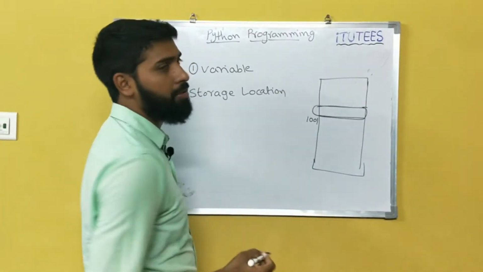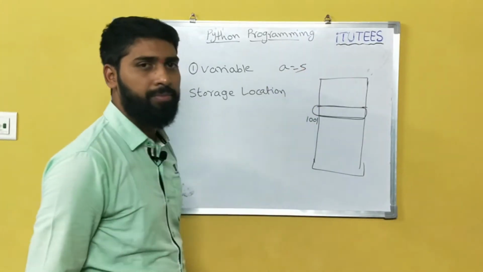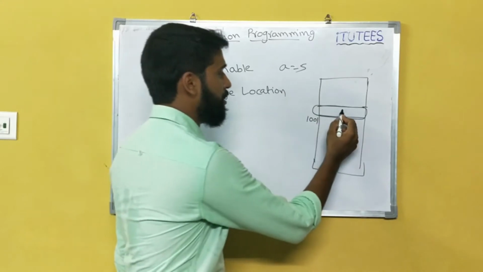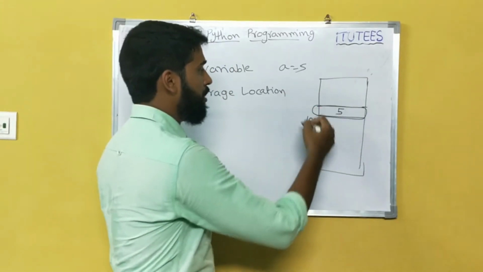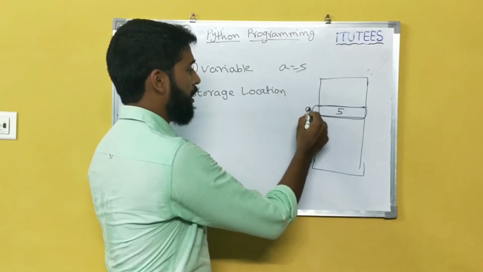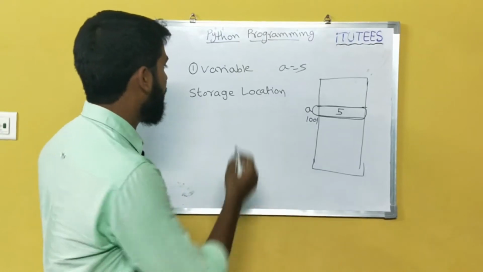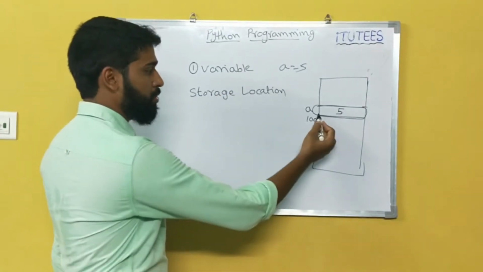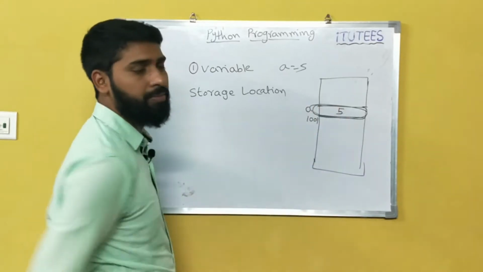For example, in previous classes we saw a equals to 5. That means the 5 is stored in one storage area, and for this storage area I am giving a variable name a, which we call an identifier. So a variable is a storage location that stores the value.